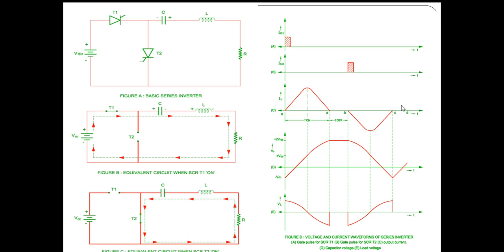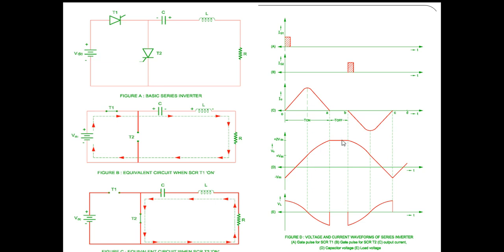So during this period, again the voltage across the capacitor will decrease because it is releasing the energy, and because of this inductor commutating components, it will be further discharged up to minus VDC, because the inductor doesn't allow sudden change in current. It will allow us to drive current as T2 is turned on.